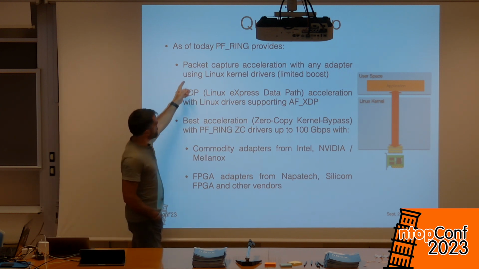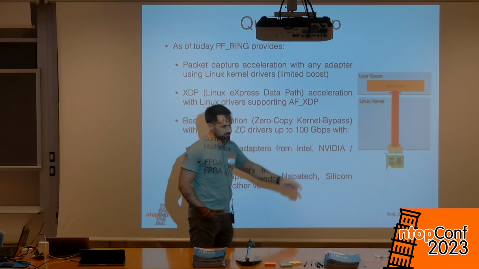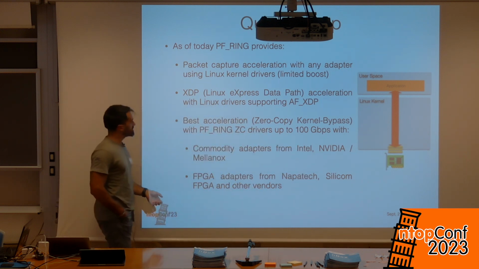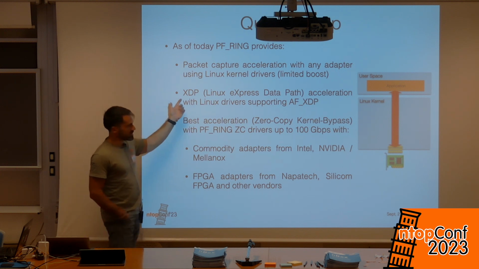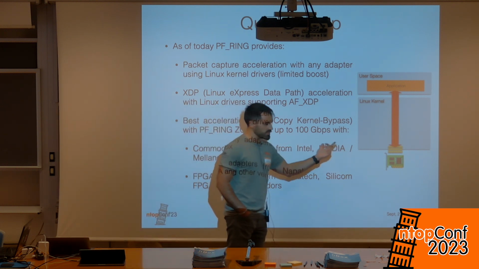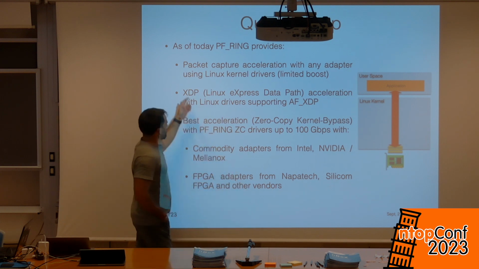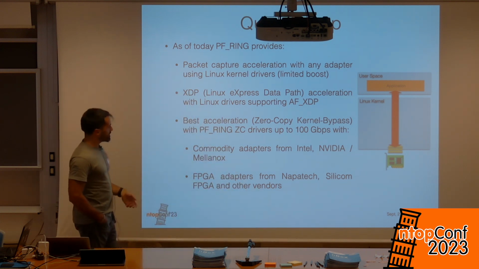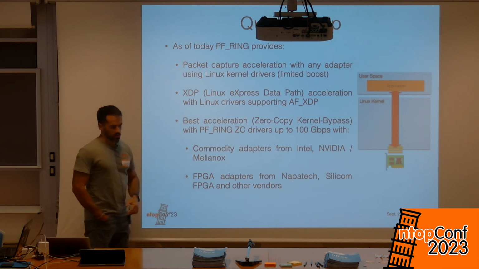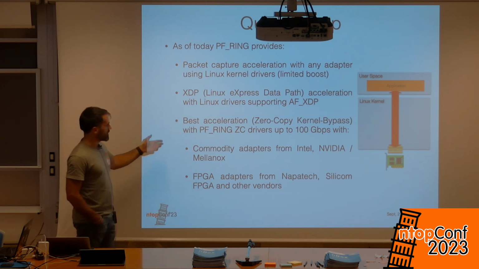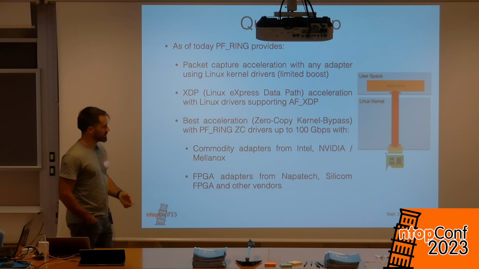We can capture traffic using standard Linux drivers, up to 2-3 gigabits per second, let's say. We support XDP, which are accelerated Linux drivers developed by the Linux guys, which are faster than the standard drivers, but they don't provide really full rate capture at 10 or more gigabits per second.